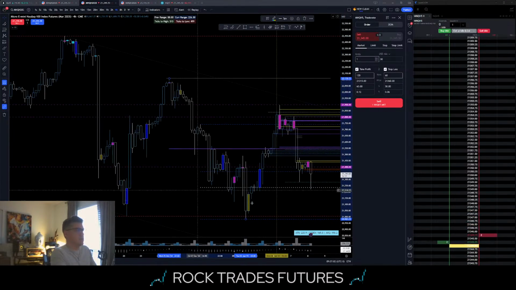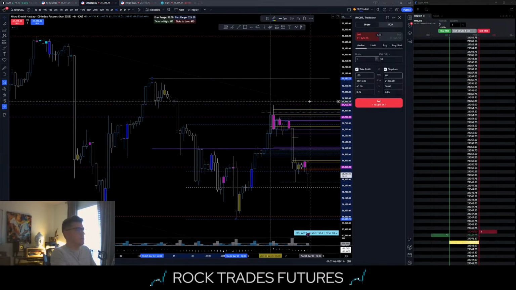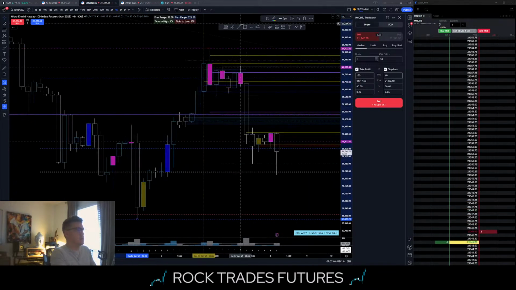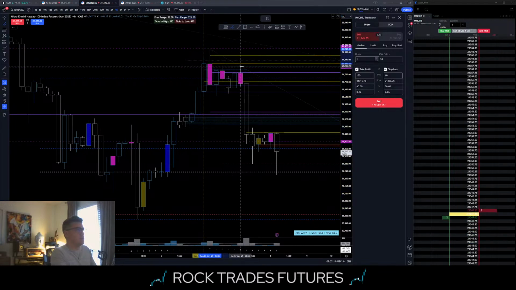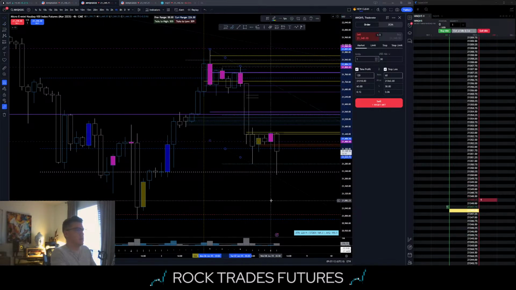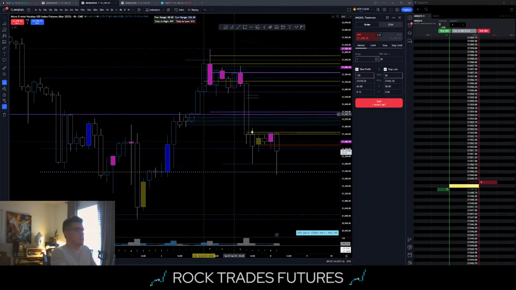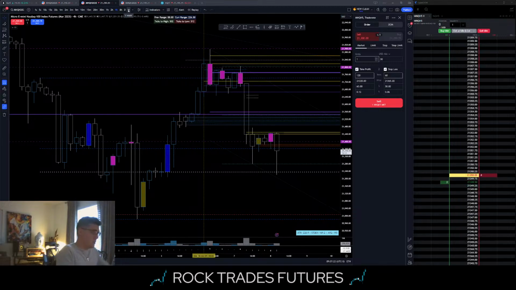So wedge pattern forming on the higher time frames. This is worth a trend line channel. And we are good to go. One last thing. Clear your mind.